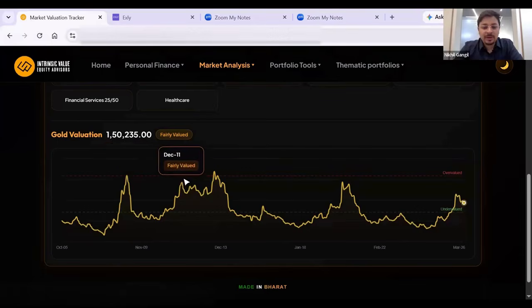Same goes for December 2011, August 2013, and March 2020. Gold was fairly near overvalued, and gold again became overvalued nearly in January 2026. And now by the time it touches here, it becomes undervalued, right?